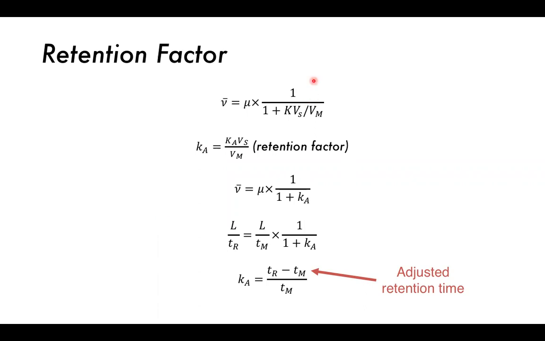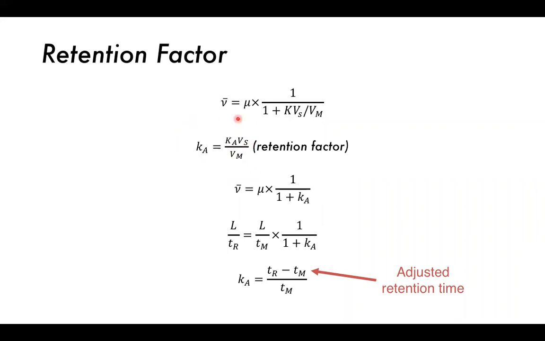So this is the equation we had on the previous slide, and then k_a is the retention factor, equal to Ka times Vs over Vm. Vs is the volume of the stationary phase, Vm is the volume of the mobile phase, and Ka is the partition coefficient of our analyte, the species we're interested in.